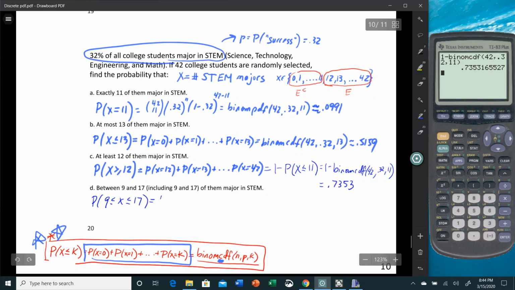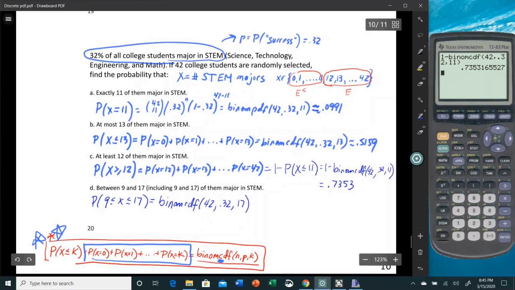So that's going to be the binomial CDF, n is 42, probability of success is still 0.32, but the upper bound here is 17.